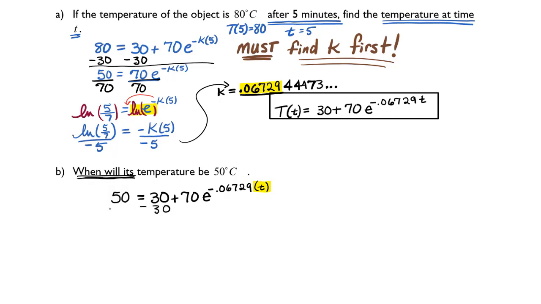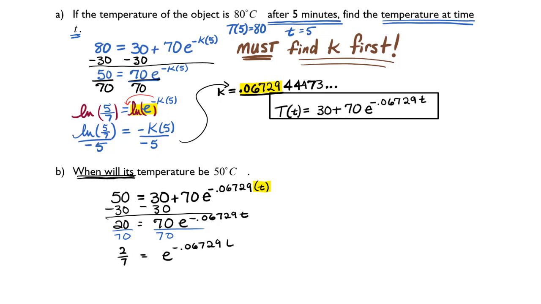Subtract 30 from both sides, and that will give me 20 is equal to 70 e raised to the negative 0.06729 t. Divide both sides by 70. That will give me 2/7 is equal to e raised to the negative 0.06729 t.